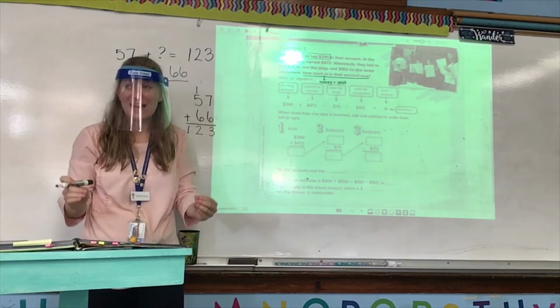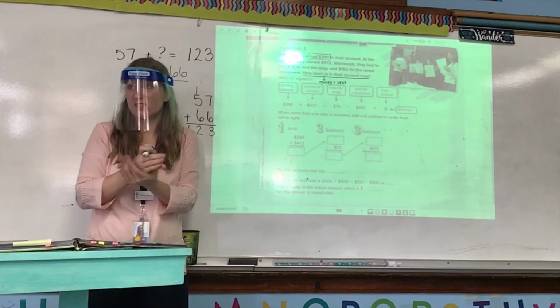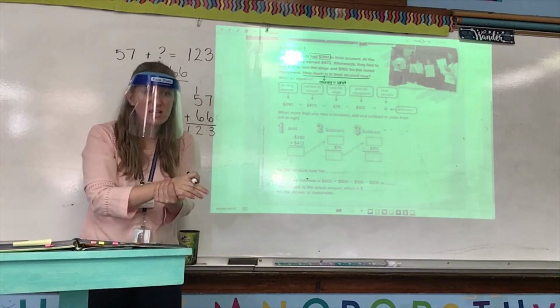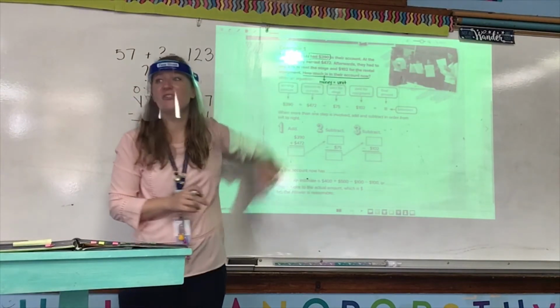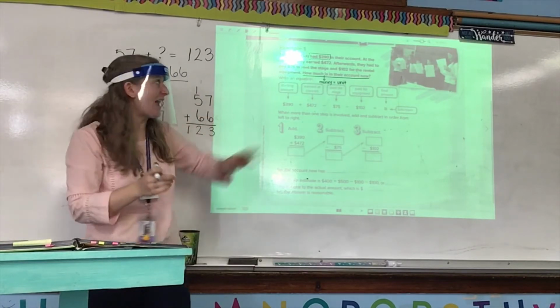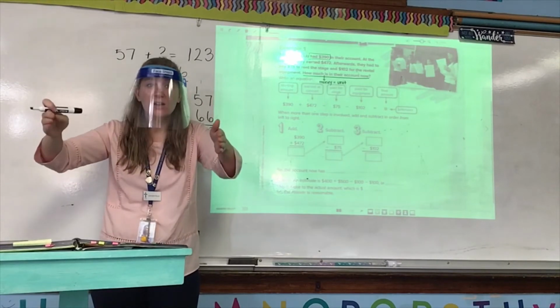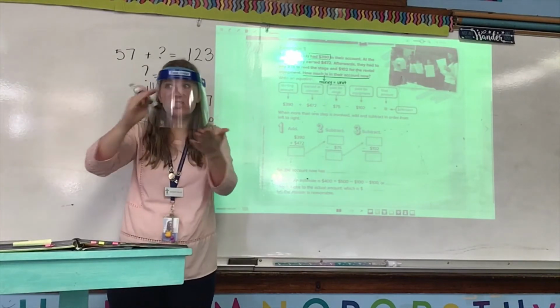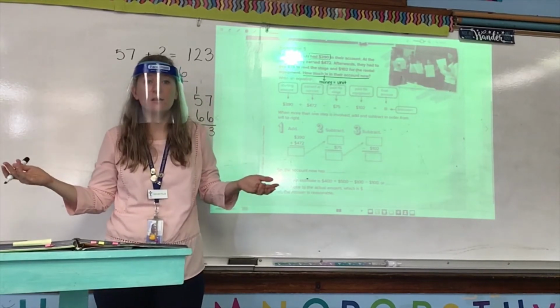Because they had $390, we know that's where we're going to start. If it says has, had, or have, that almost always means that's where you're starting. You're not adding or subtracting that number because that's already there. We are going to change that number, either by adding or subtracting or both.